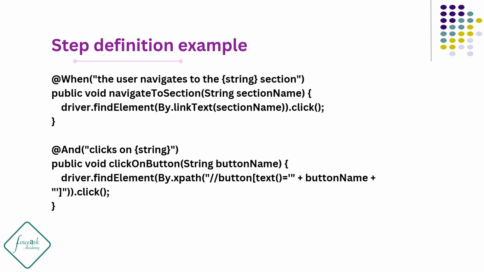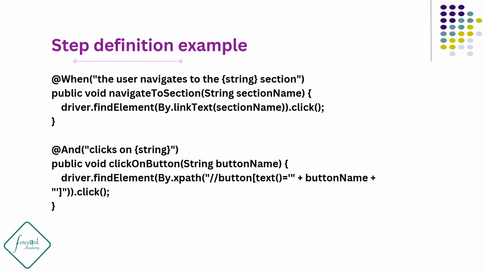Let's take a look at the Java step definitions, how it looks. So here in the snapshot, you can see how these step definitions are written. They connect our Gherkin scenario steps to actual Selenium actions.